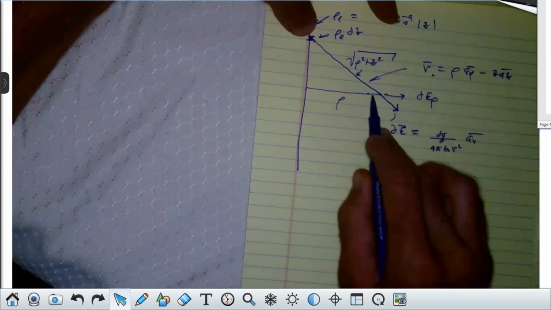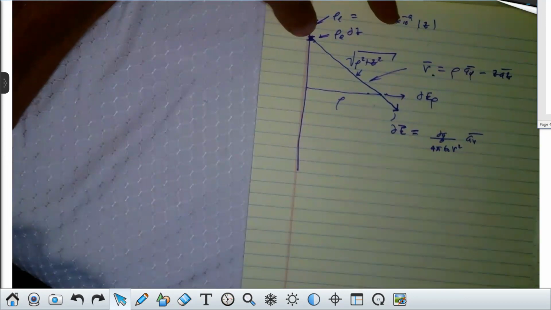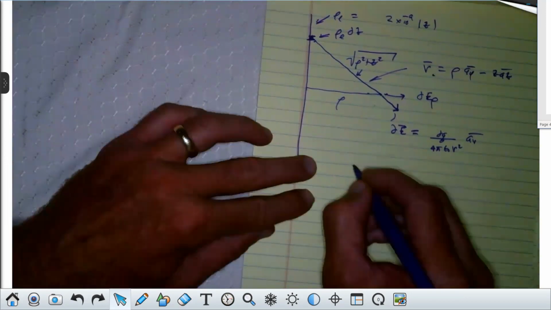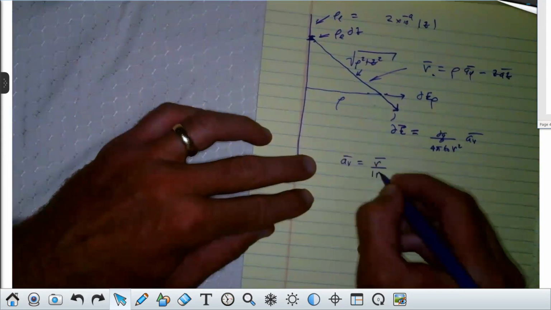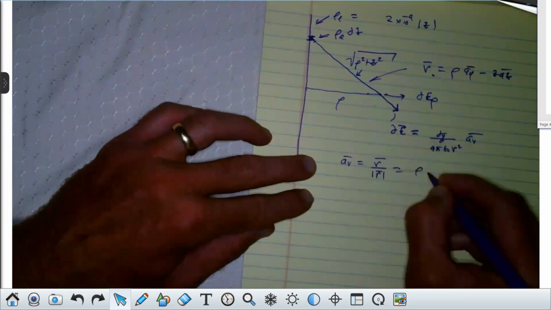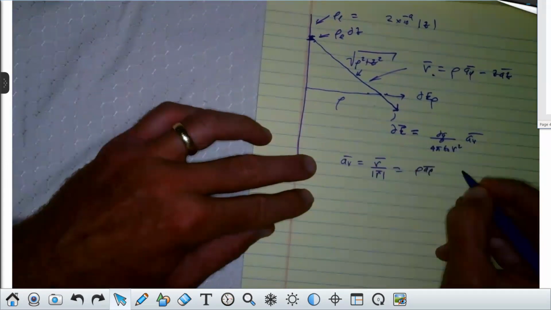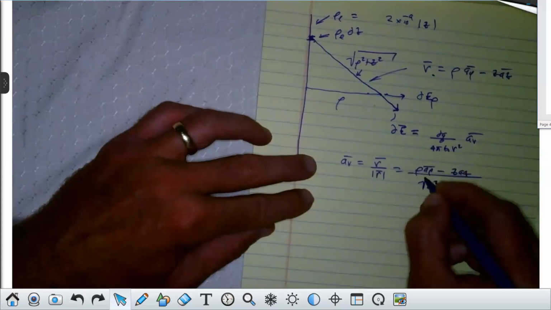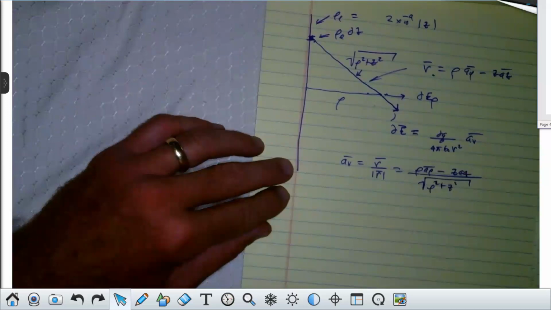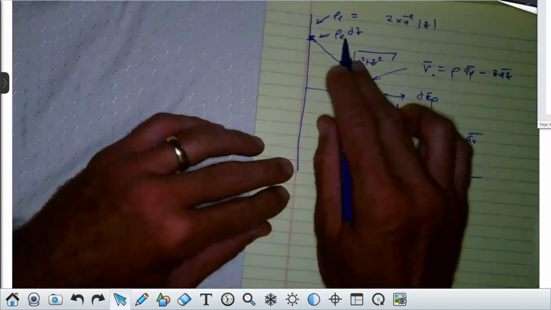Everybody agree with that, class? All right. That means a_R, the unit vector, would be R vector over magnitude of R, or that would be rho a_rho minus z a_z over the square root of rho squared plus z squared. Agreed, everyone? And dq is just rho L dz.